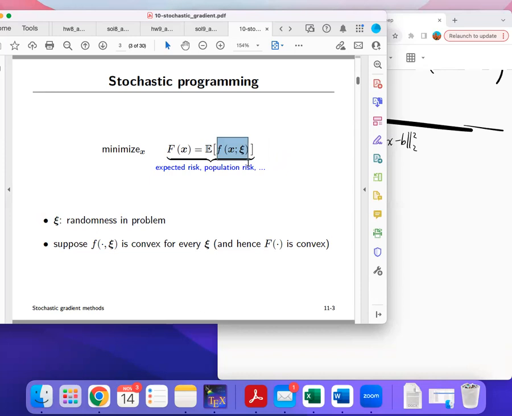This function has an additional variable xi. This xi is basically some random data, some data samples that you collect in your specific application. And these data are usually modeled as random. There is some intrinsic randomness. So we want to minimize the expected loss over this randomness.